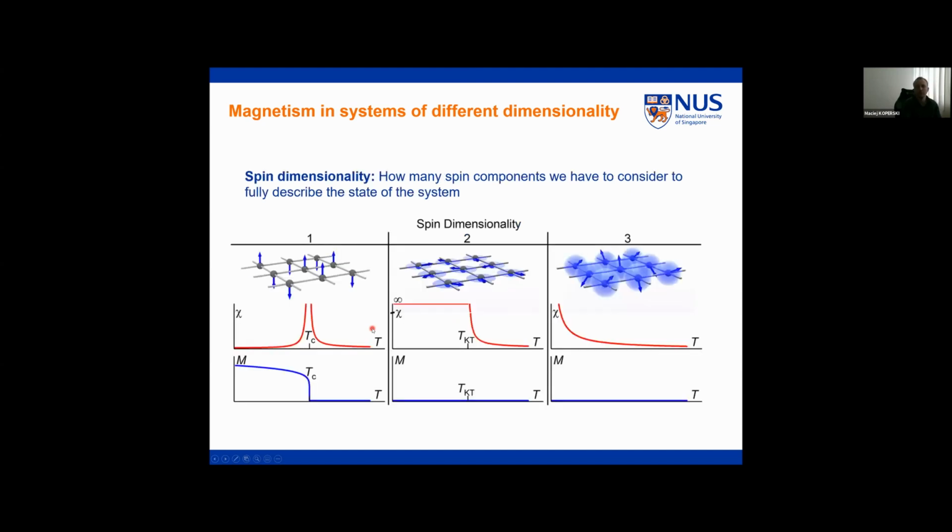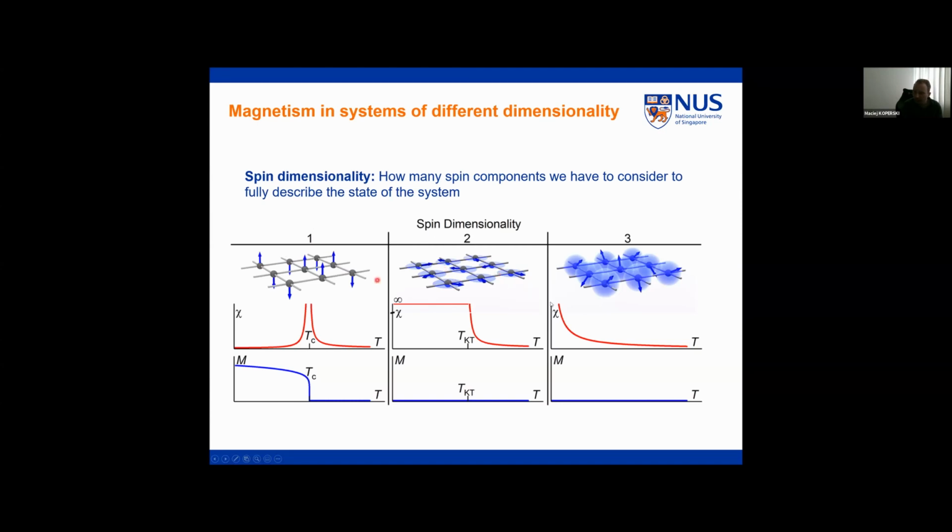And the problem of whether the magnetic order may exist is also linked to another parameter that is called spin dimensionality. So spin dimensionality is a parameter which tells you how many of the spin components you need to give in order to fully describe your spin system. For a highly anisotropic kind of interaction, when the spins are only oriented in one direction, you have a case of spin dimensionality 1.